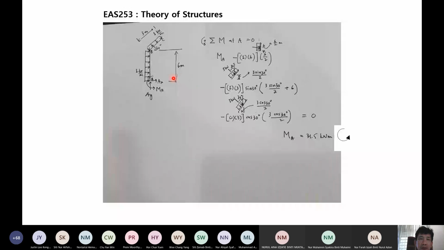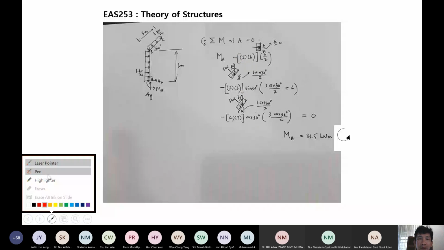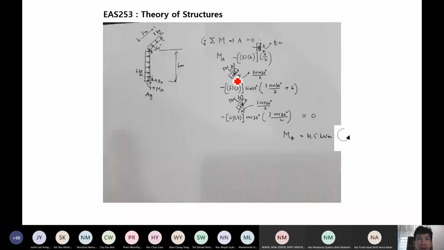So next is this one. I need you to pay attention closely to this one. So here we want to find moment caused by this. So moment is back to basic. Moment is force multiplied with perpendicular distance.